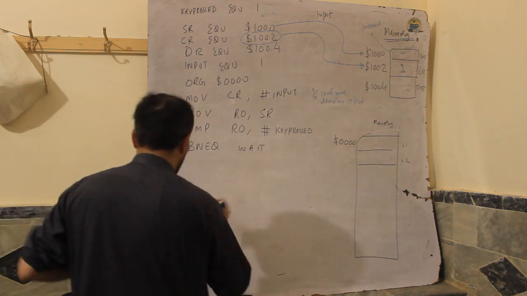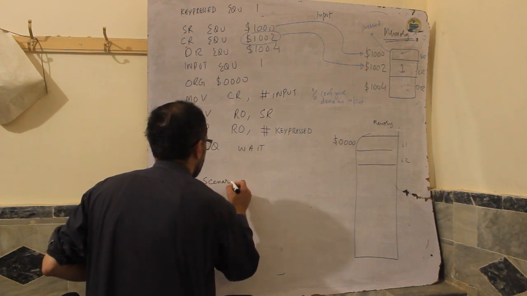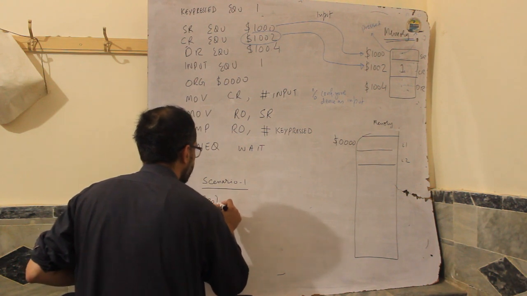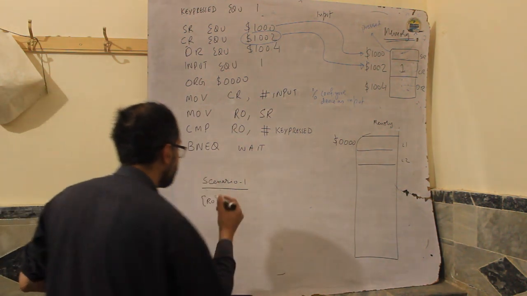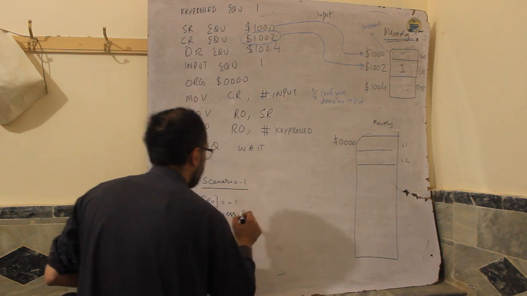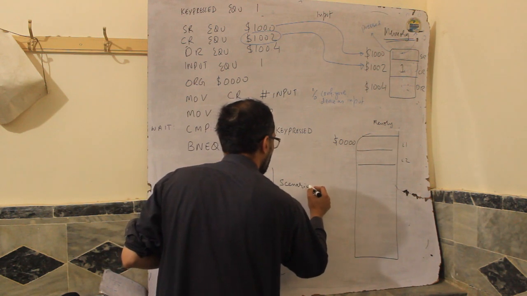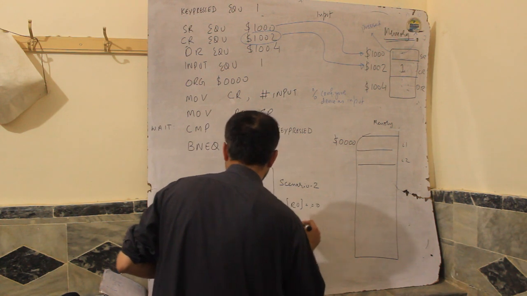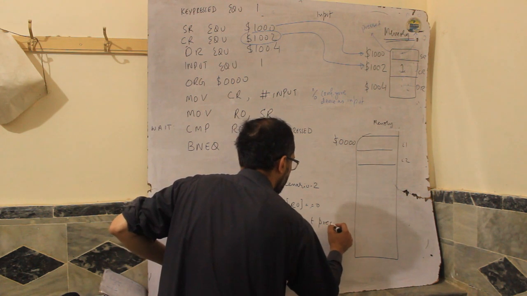So there are two scenarios. Scenario 1: the contents of R0 are equal to 1, which means the key has been pressed. Scenario 2: R0 has a value of 0, which means the key is not pressed.